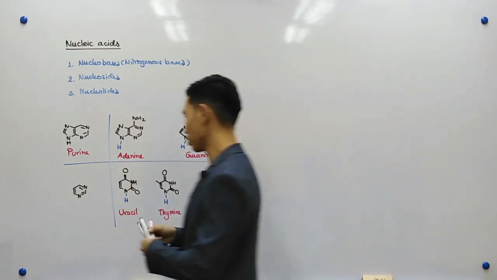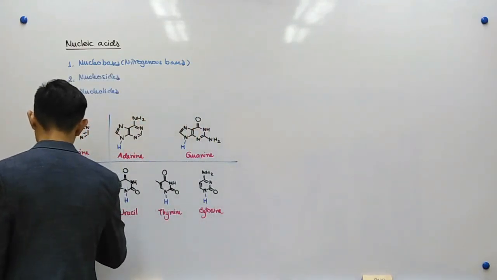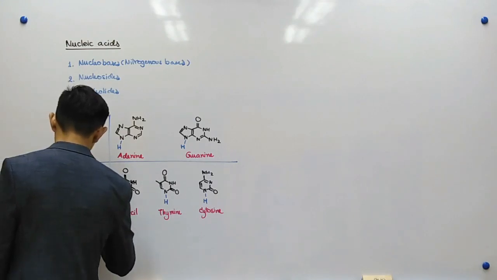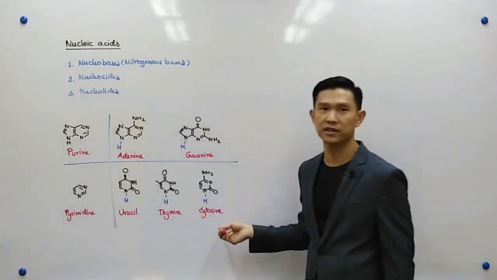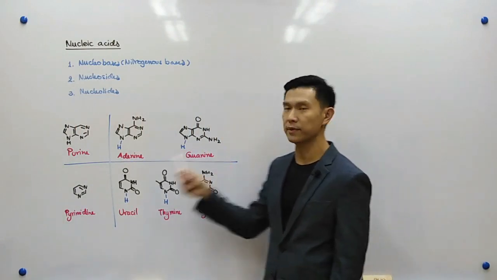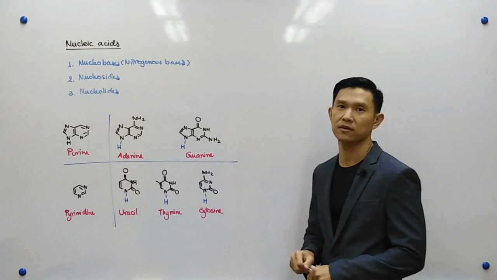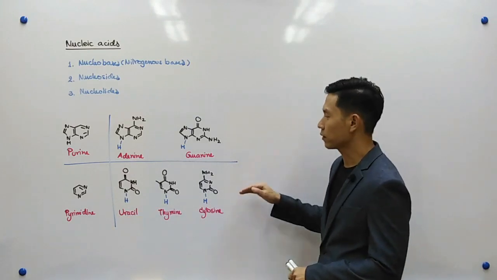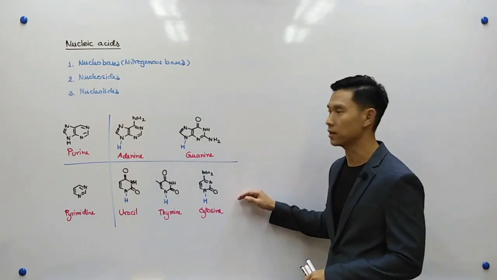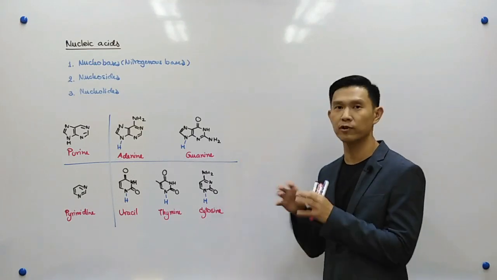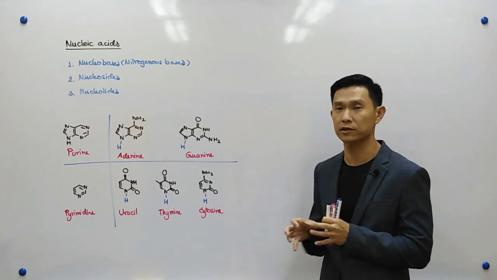This is called pyrimidine. So the three nucleobases over here are pyrimidine derivatives. So we have two kinds of structure. The bottom half is the aromatic ring, and the top half is the fusion of two aromatic rings together.